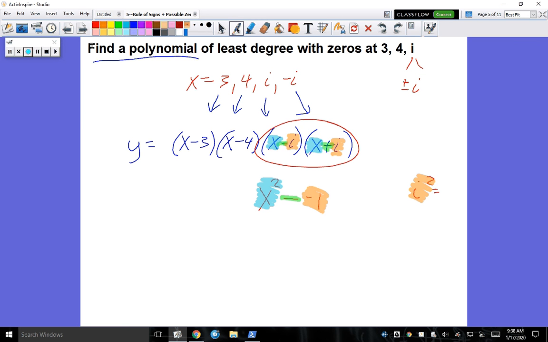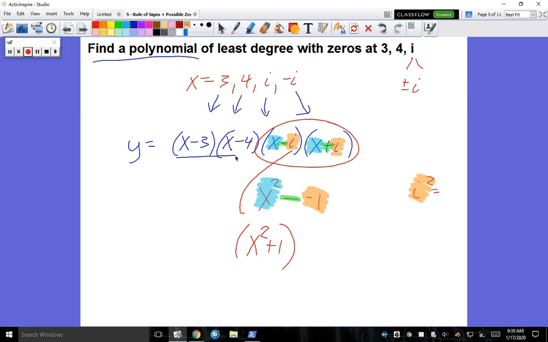So what would these two imaginary factors FOIL out to be? x squared plus 1. Is there such a thing as a sum of squares? No. That's why they came from something imaginary. There's a sum of cubes, but not a sum of squares. Do you see how I'm trying to go back and forth between the way you were taught? And then you still have this to contend with.